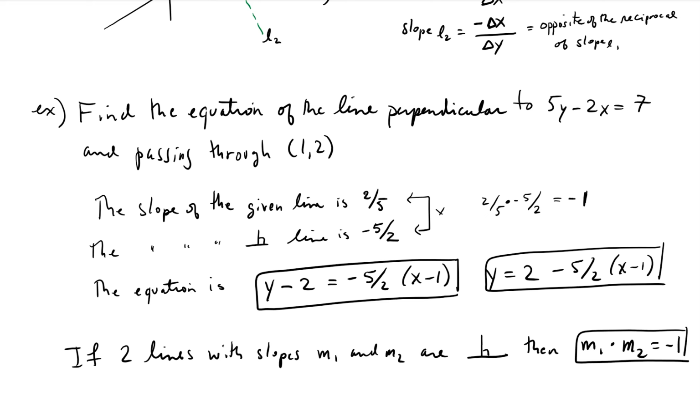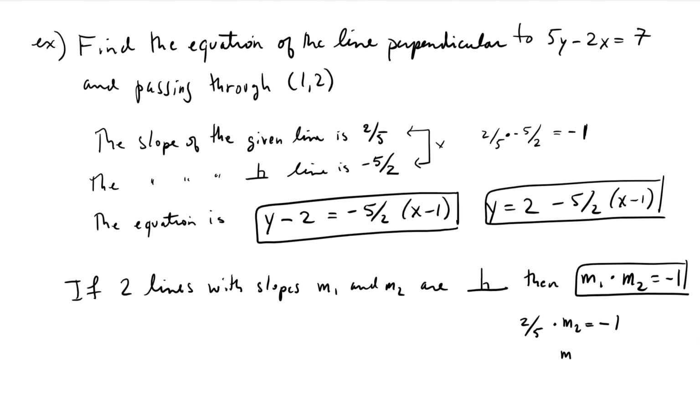So it's actually a way also of getting the slope of the perpendicular line. So if you're given that the slope is 2/5, the slope of the other line is such that when you multiply it by 2/5, you get minus 1. So after multiplying by 5/2 on both sides, you're going to get minus 5/2 for your slope. So that equation can be used to get the slope of your perpendicular line.